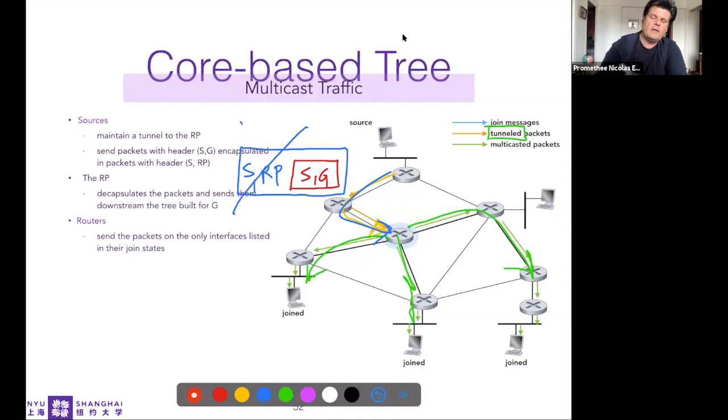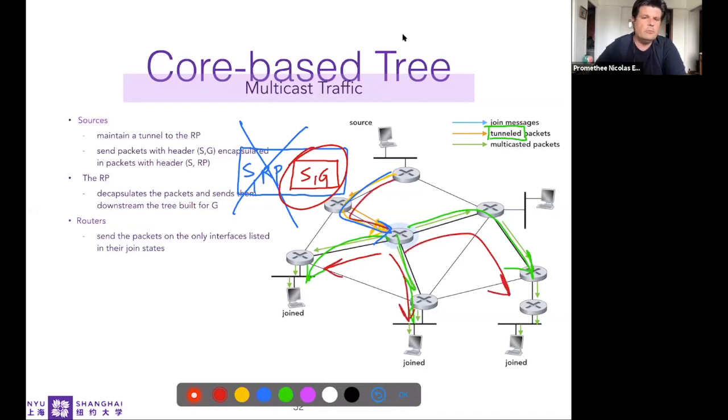The RP removes this top header and uses the inside packet to send it to the members. Okay, so that's the reason we have a tunnel here. Understood the reason? Otherwise, there's no way I can first go through the rendezvous point and then from the rendezvous point to the groups. The other thing that you may see is that whatever the source is, the tree doesn't change because it's rooted at the rendezvous point.